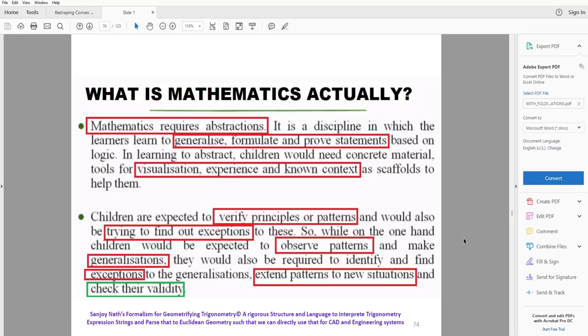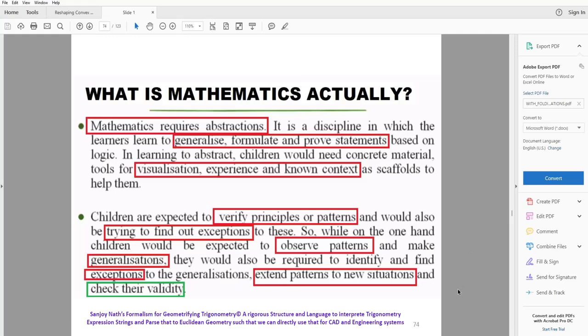So Nath did the same thing with trigonometry expressions, to bring out all the possible geometries hidden inside the abstract trigonometry expressions, which look like some odd kind of English sentence. The trigonometry expressions are like syntaxes which hide a lot of geometric possibilities, and no one was searching for these kinds of things before Sanjoy.